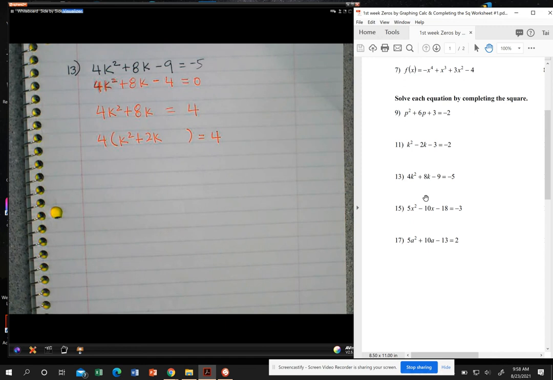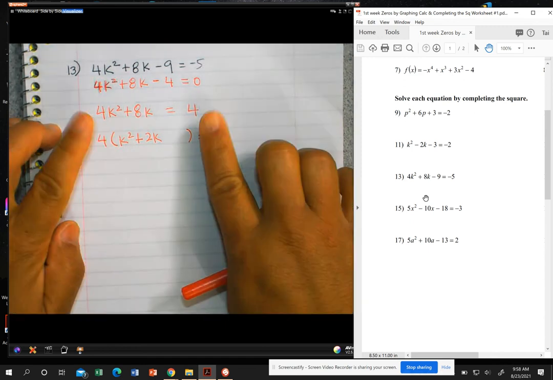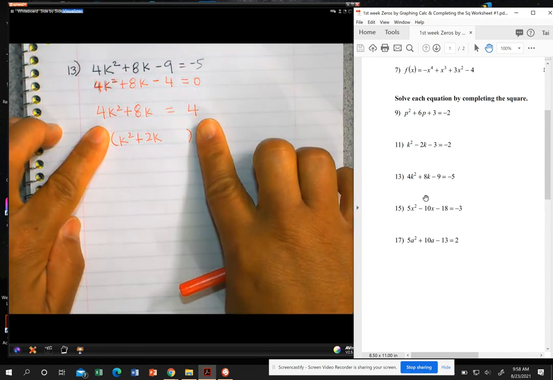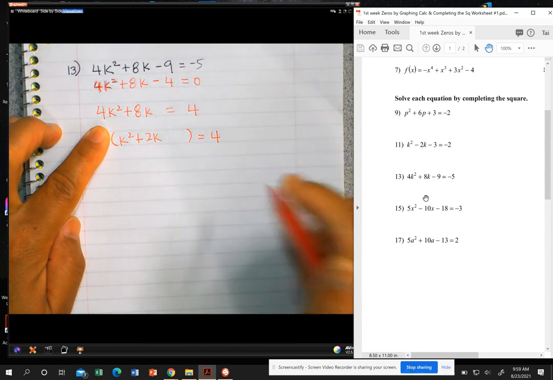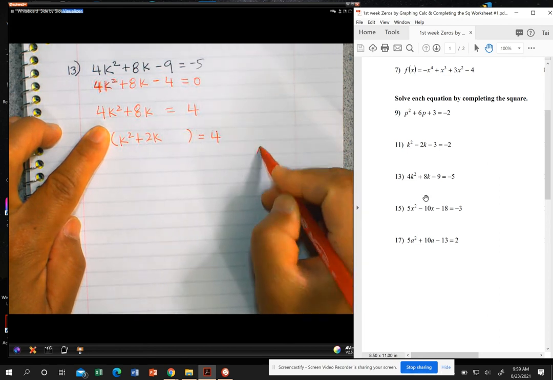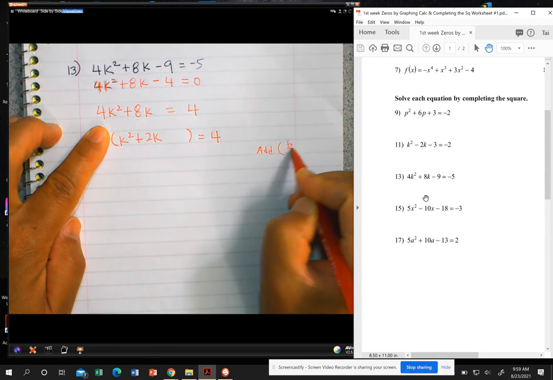Alright, here we go. If I cover these two right here, I need to figure out, remember step number 4, we need to add b over 2 squared.